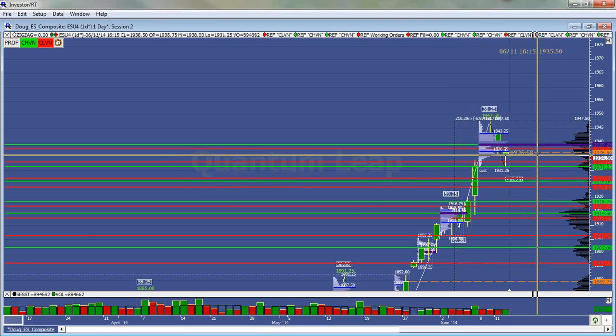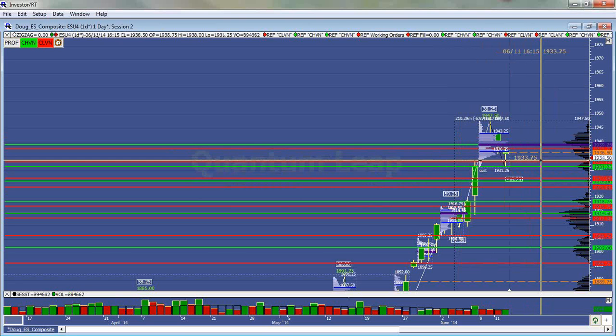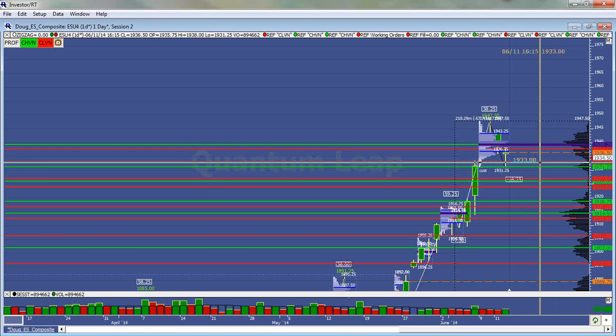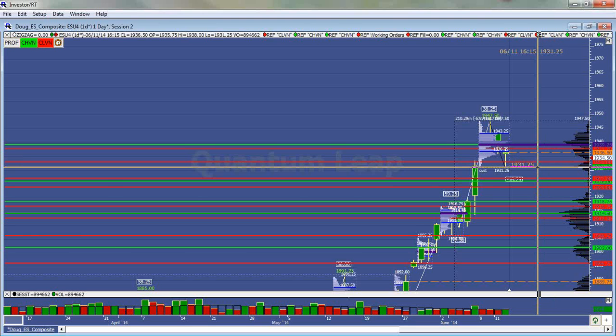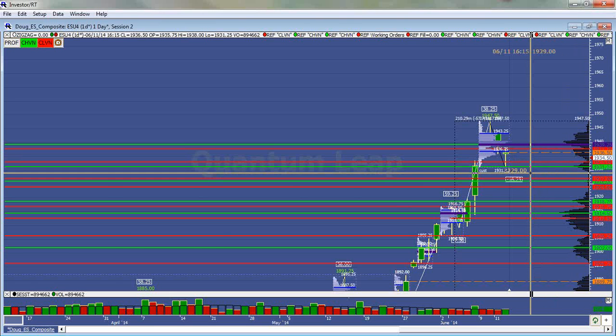We're currently broken out of value, came down and tested the CLVN below us, broke down, and yesterday afternoon went down to 1938.50, and that was just a beautiful move.